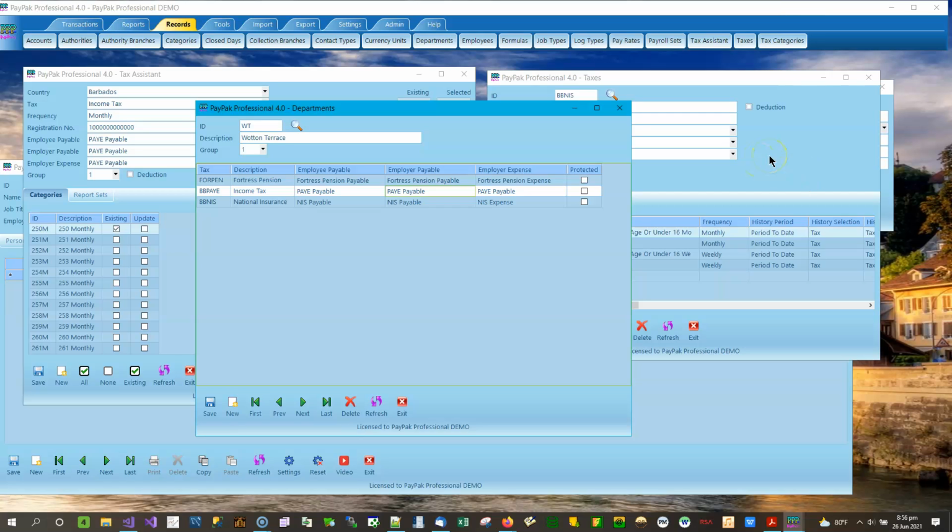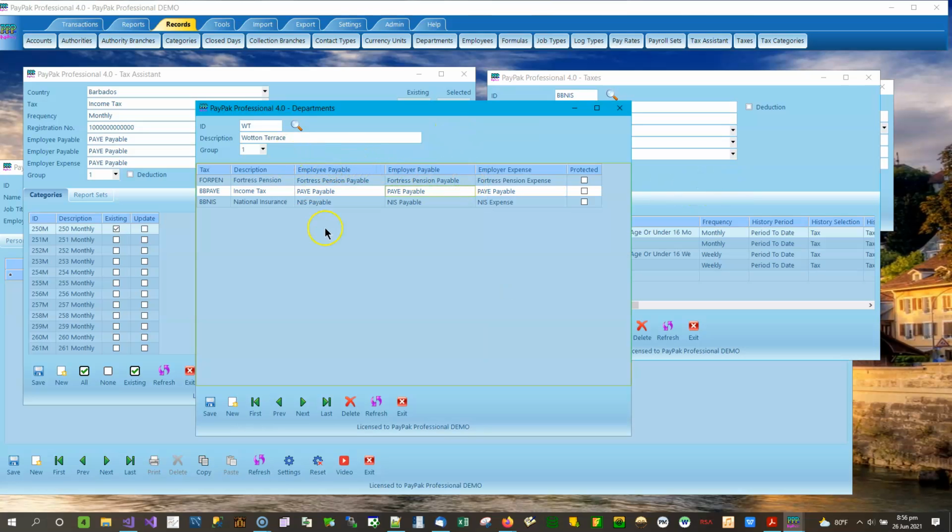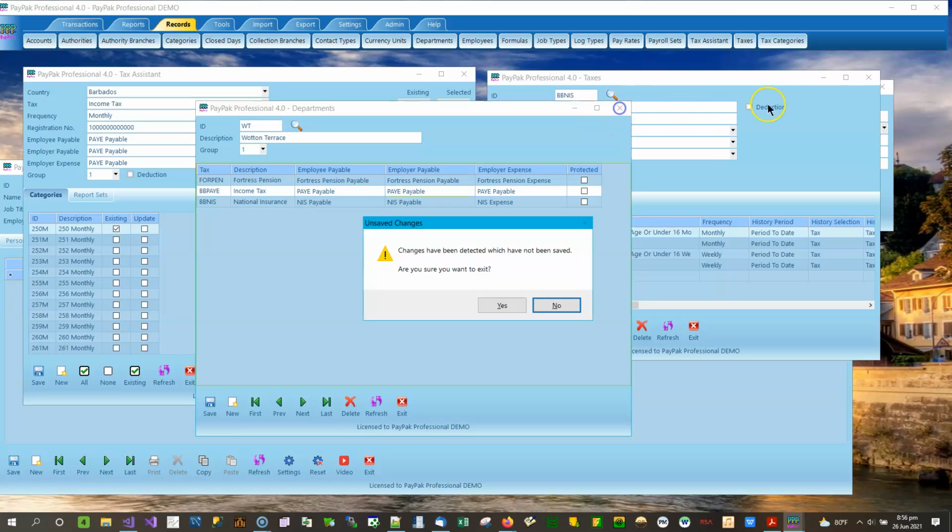Right, so that is the taxes, the default three accounts: employee payable, employer payable, and employer expense, and the option to override them if you prefer in the department's screen. Okay, now after taxes you then have deductions.